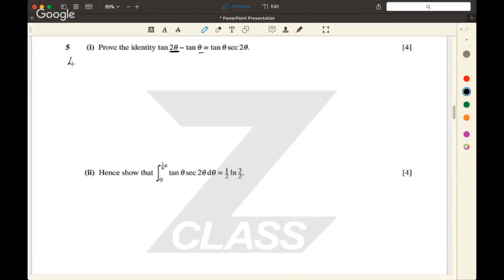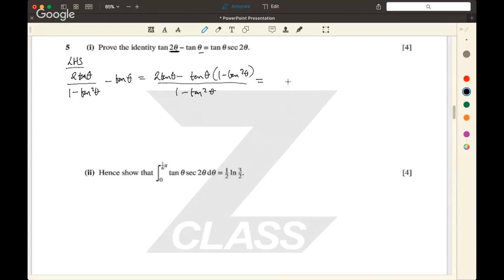So let's look at the left-hand side. tan 2 theta is 2 tan theta over 1 minus tan squared theta, and from this we are subtracting tan of theta. So this is equal to, and I'm going to give them the same denominator, 2 tan theta minus tan theta (1 minus tan squared theta) all over 1 minus tan squared theta.